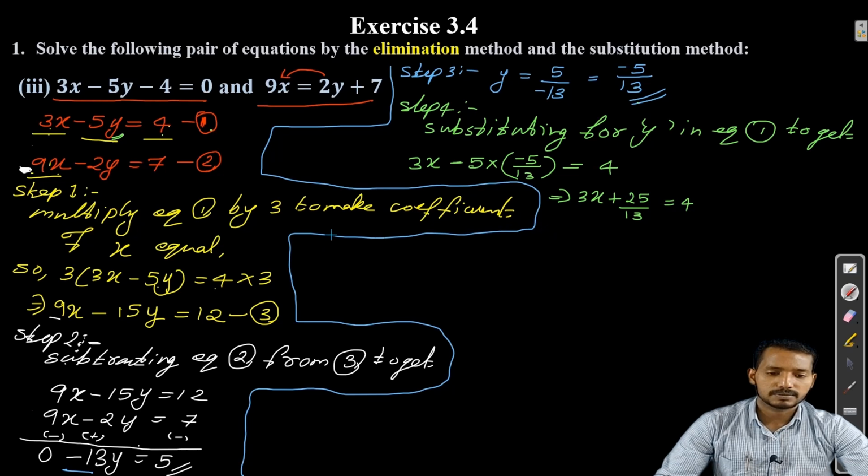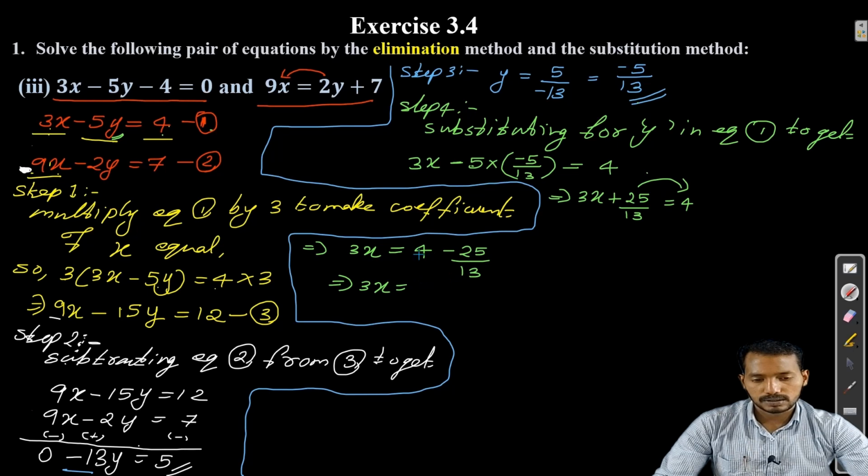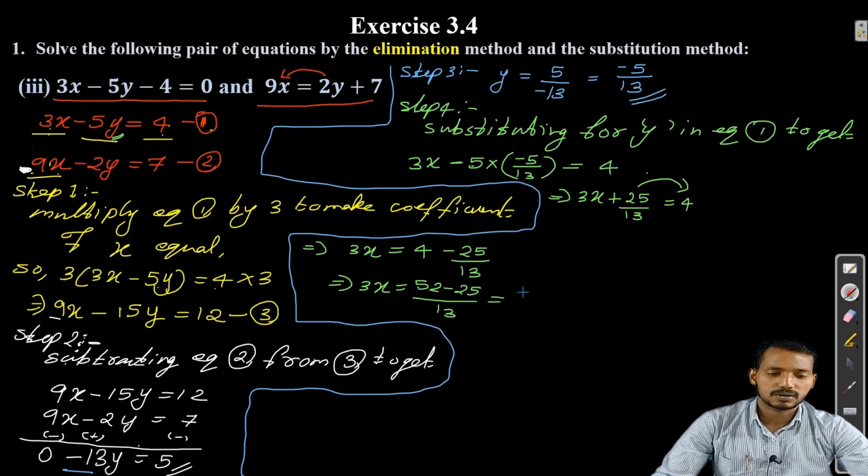That implies 3x is equal to 4. This plus 25 by 13, take it to the right side, it will be minus 25 by 13. That implies 3x is equal to 4 into 13, which is 52, minus 25, divided by 13, which is 52 minus 25 is equal to 27 divided by 13.